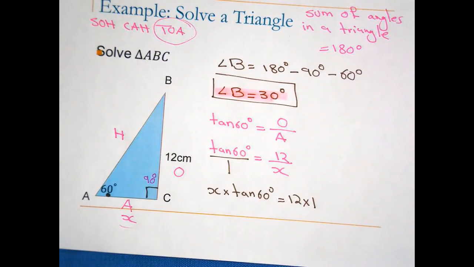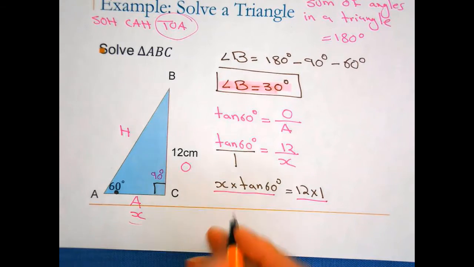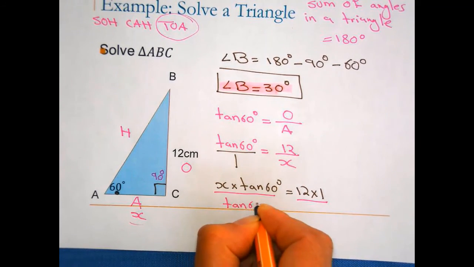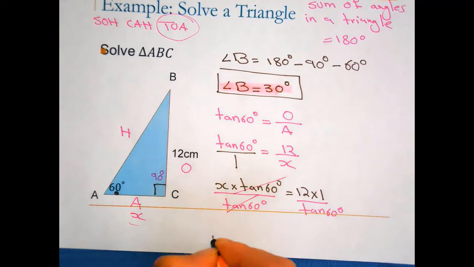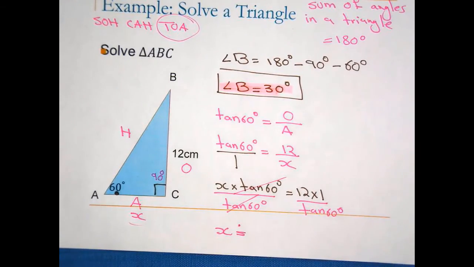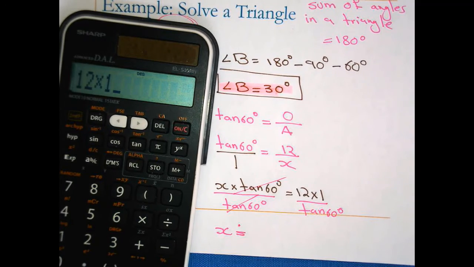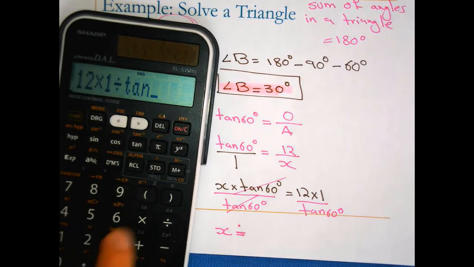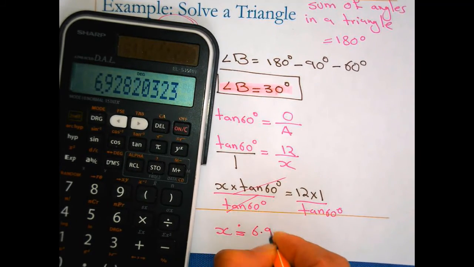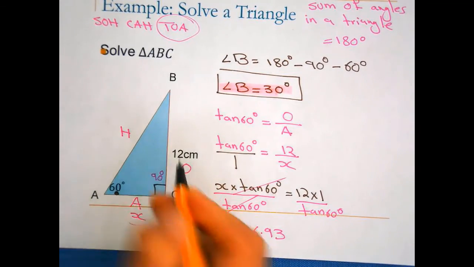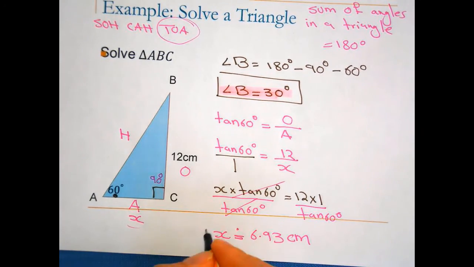In order to solve this, you need to isolate X, so you need to divide both sides by tangent 60. X is equal to 12 times 1 divided by tangent 60, which is 6.93. And everything here is in centimeters, so this will be in centimeters too. So you have one of the unknown sides.